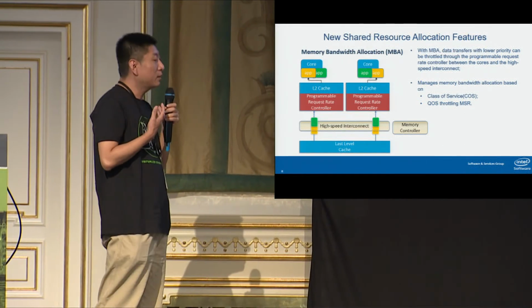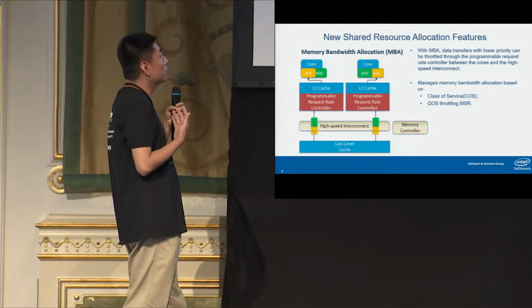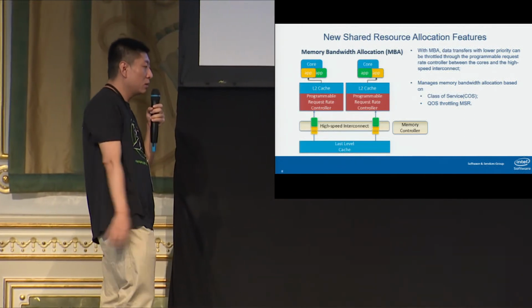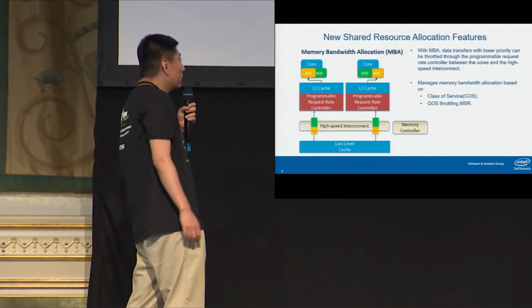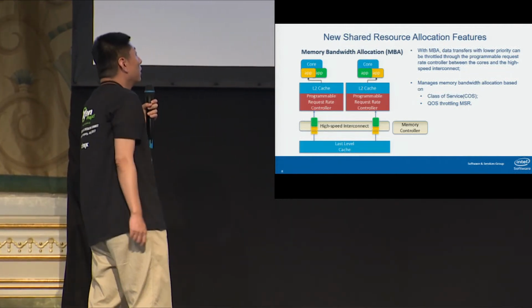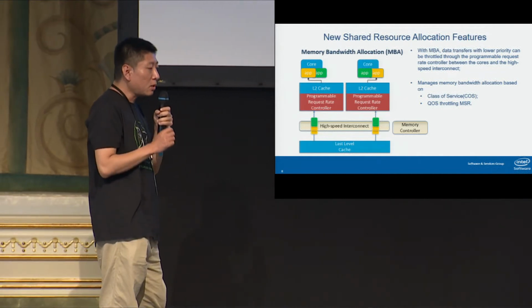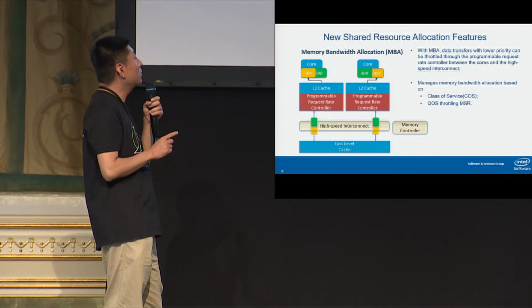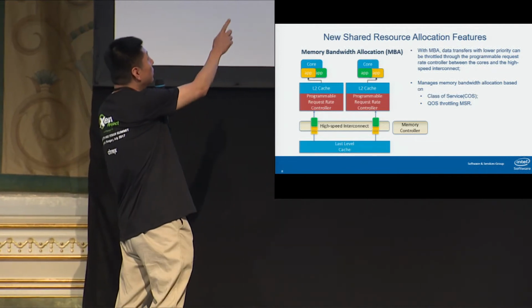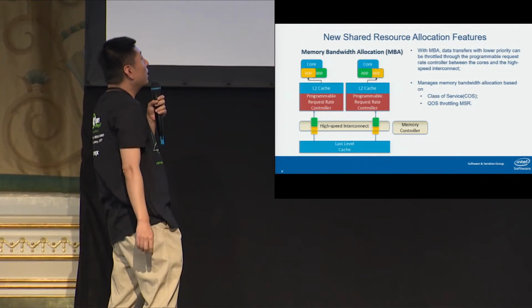Software can detect the maximum throttling value with the CPUID enumeration. This value is considered to serve two usages. One is that it signifies the biggest value that can be configured into the QoS throttling MSR.